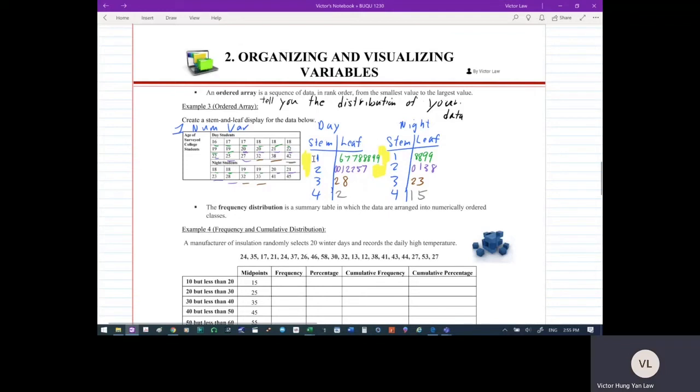For the nighttime, the 10s and 20s are still more than the 30s and 40s, but the relativity is different. Now we have 4 numbers for the 10s and 20s, and 2 numbers for the 30s and 40s, so that relativity is only doubled. But for the daytime, the 10s and 20s are 3 to 4 times that of the 30s and 40s. This is what the stem and leaf does: it quickly shows you the distribution of your data.